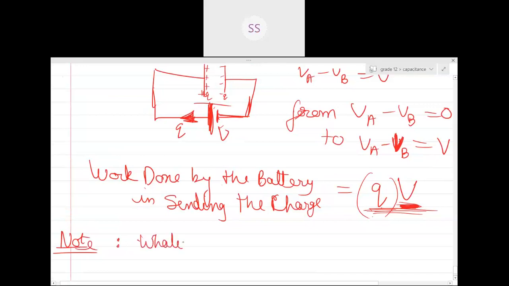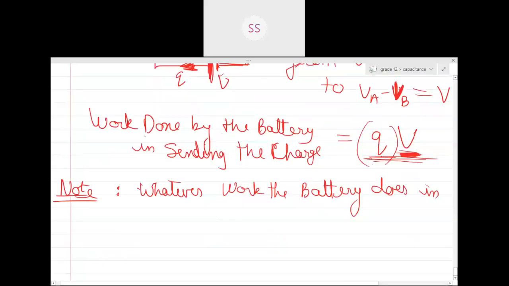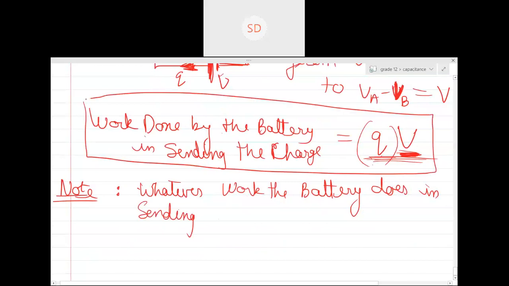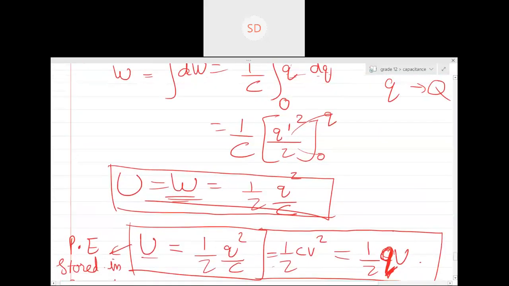Whatever work the battery does in sending the charge, it's half QV, right? Then why did it become QV? Because this work is different. This work done is by the battery in sending the charge, and this work done is basically the energy stored.